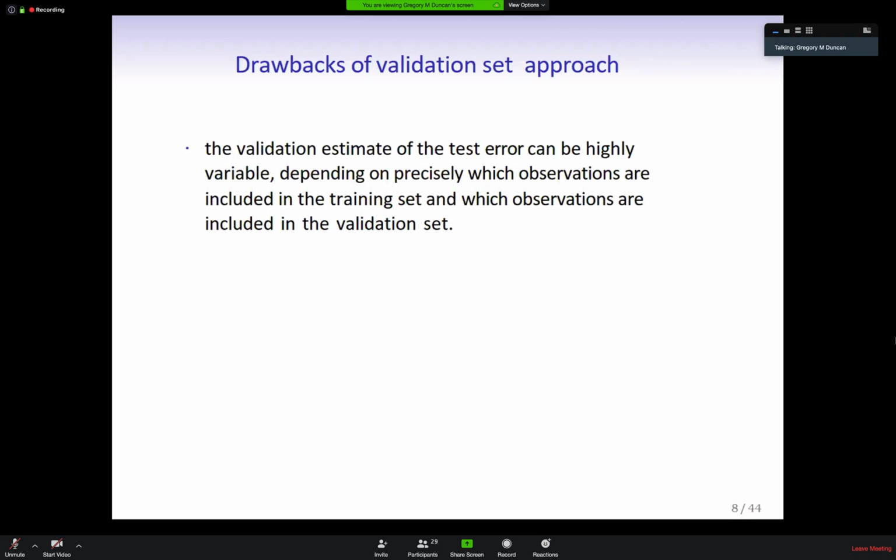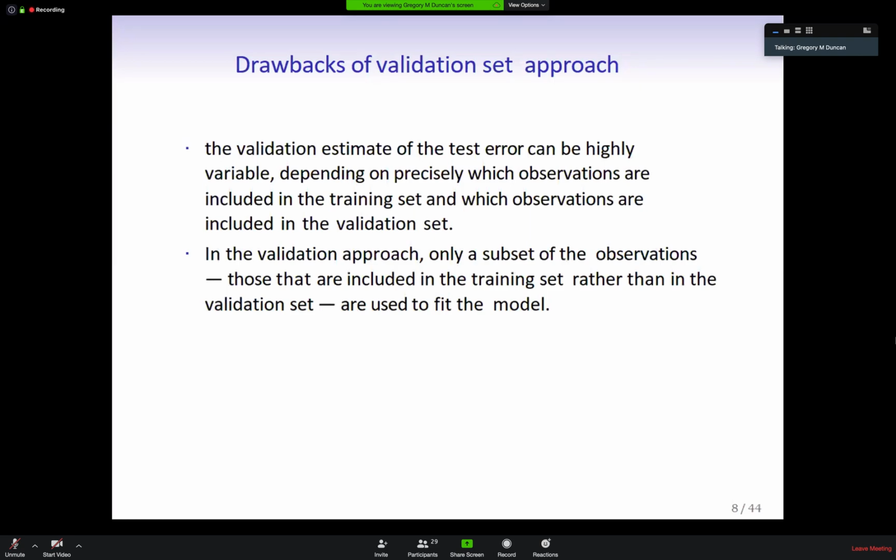Yeah, but what if 60% of the men were in one and 40% of the women were in the other? You would just have an imbalance, and that's the drawback of that. There's a way around this, you'll see.